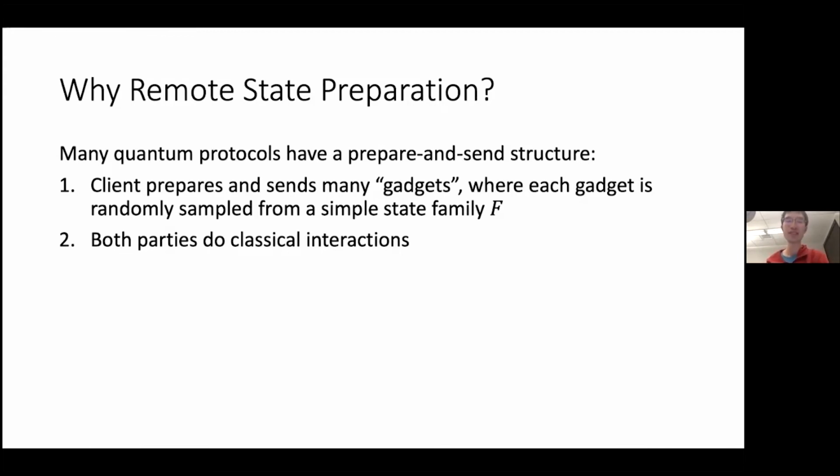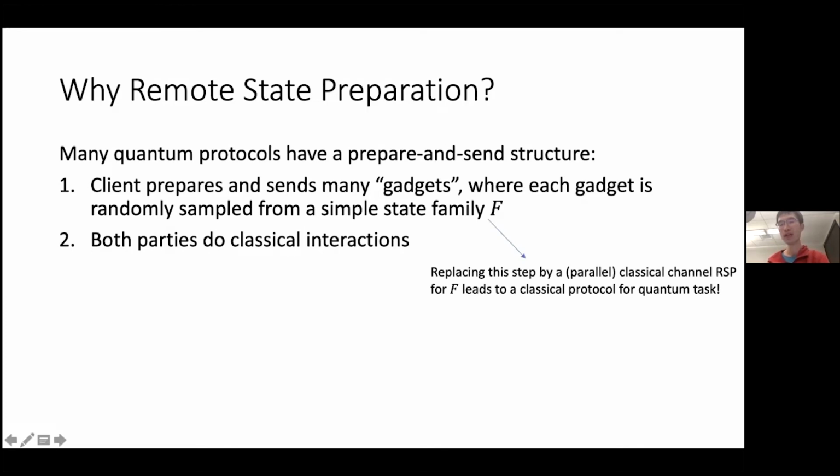So one drawback of this type of protocol is that the client still needs to do a lot of quantum computation and communication. And if we have a classical channel RSP protocol, we could replace the first step in this protocol by classical channel RSP for this state family.